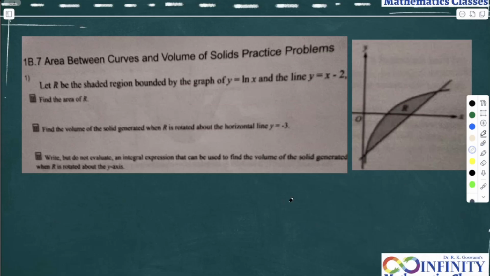How should we find the area of R? Remember, I need the area only. So in order to get the area, you need to take a vertical strip.